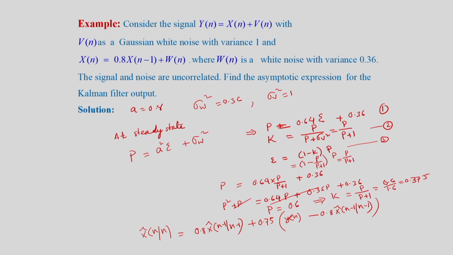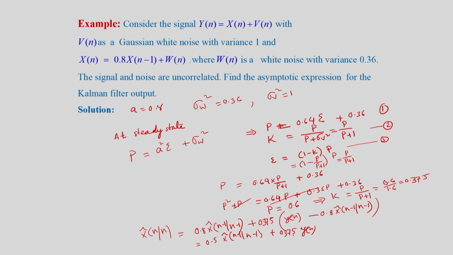So, that way this part we can combine. If we combine, this is 0.8, this one will be 0.8, 0.375 here into 0.8, and if I add both I will get 0.5 here, 0.5 into x hat of n minus 1 given n minus 1 plus 0.375 into yn.